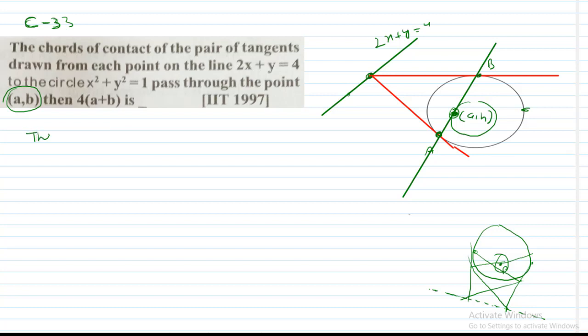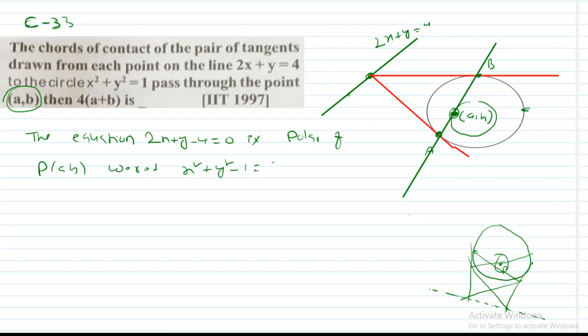So the equation 2x plus y minus 4 equal to 0 is the polar of P(a, b) with respect to x square plus y square minus 1 equal to 0.